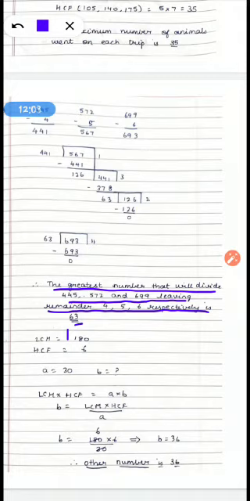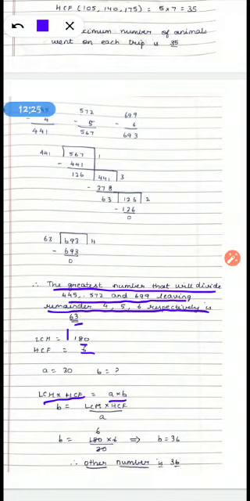The next question, 14th one. The LCM and HCF of two numbers are 180 and 6 respectively. If one of the numbers is 30, find the other. We know that the product of LCM and HCF gives the product of the two numbers.